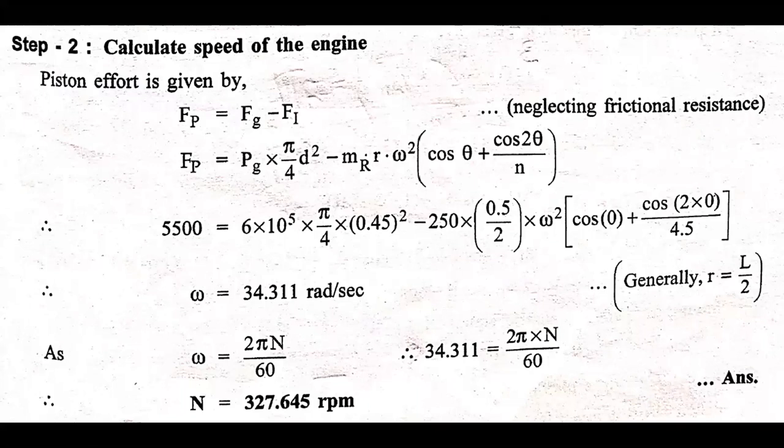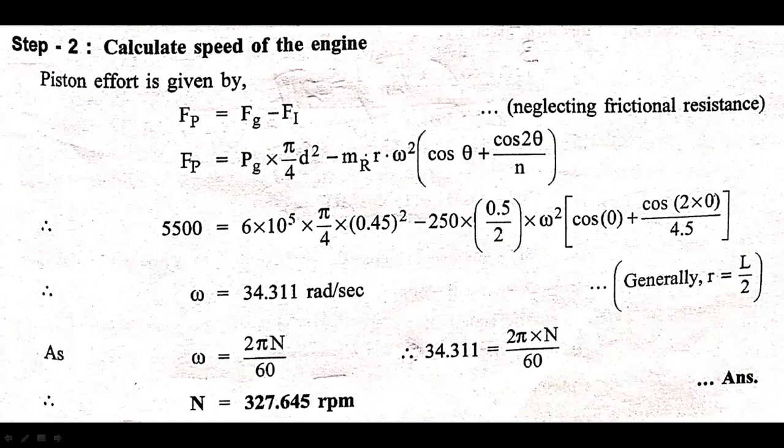Then the speed of the engine: piston effort is given by Fg minus Fi, and we all know that Fg is equal to Pg into pi by 4 d square, and Fi is equal to mr into r into omega square (cos theta plus cos 2 theta upon n).